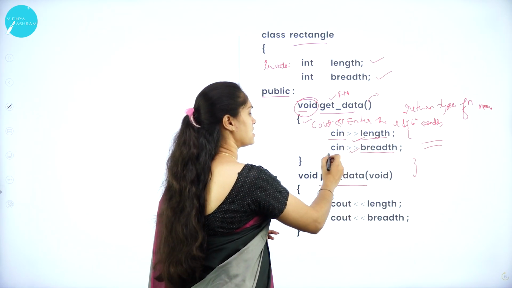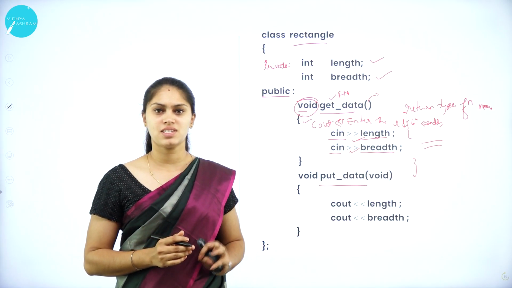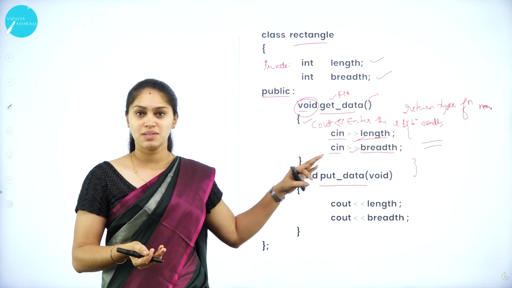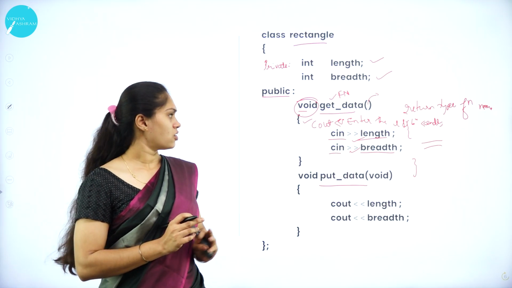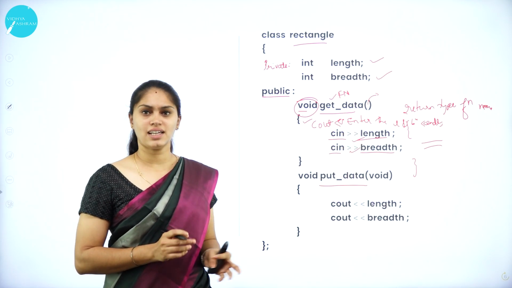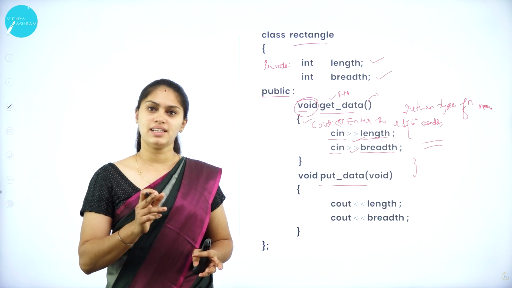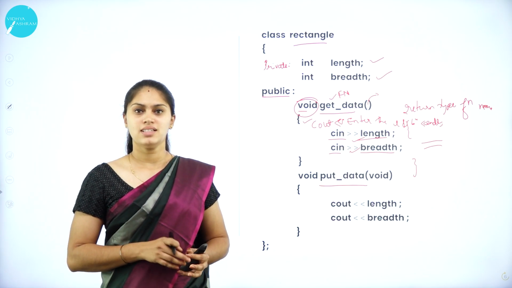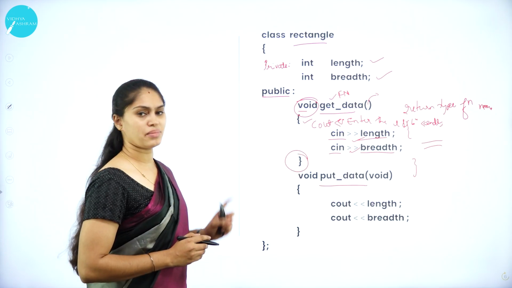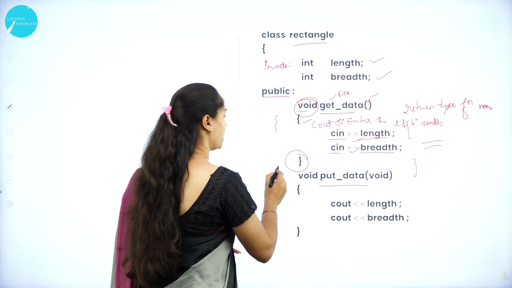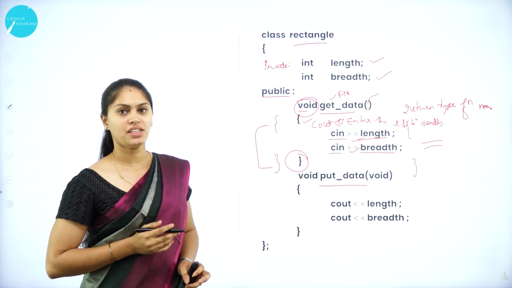Here we are using cin to take the input from the user. Cout will display the content in that cout statement. So in cout I write, enter the value of length and breadth. In cin I take the input length and breadth. And this closing brace indicates the end of this member function's scope. The opening and closing of the flower braces indicates the scope.